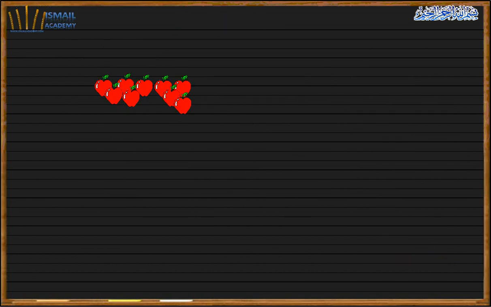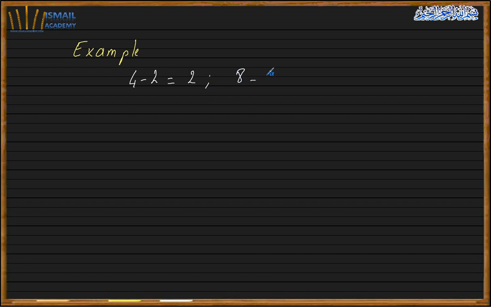For example, 4 minus 2 is 2, and 8 minus 7 is 1. Those are examples of subtraction.